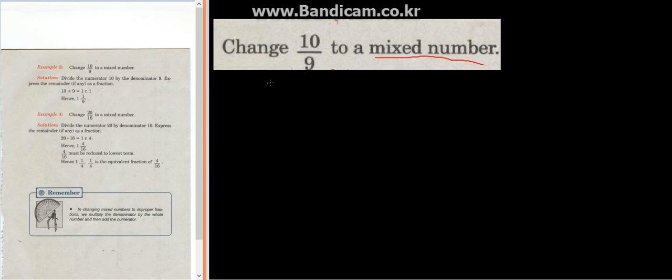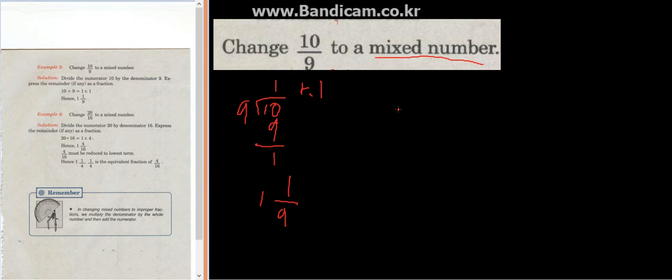Well, this time what we do is write down the numerator and divide by the denominator. You put 1, and there's 9, and the remainder becomes 1. The book just writes down 9 over 1 and 1 over 9, but let's put this in a simpler and clearer way.